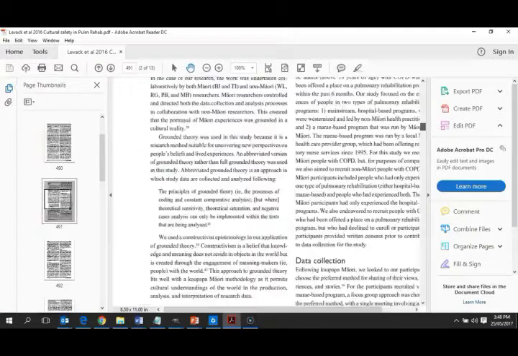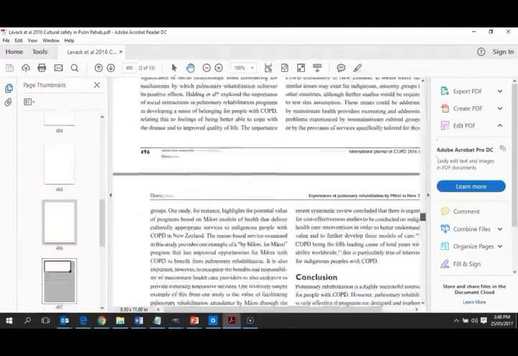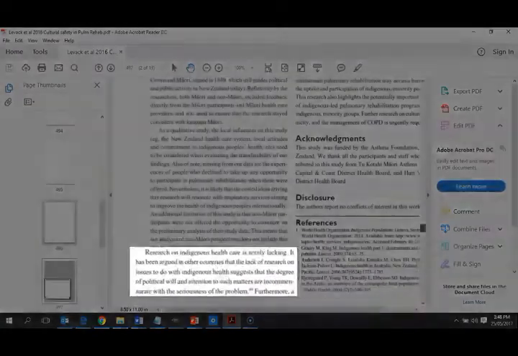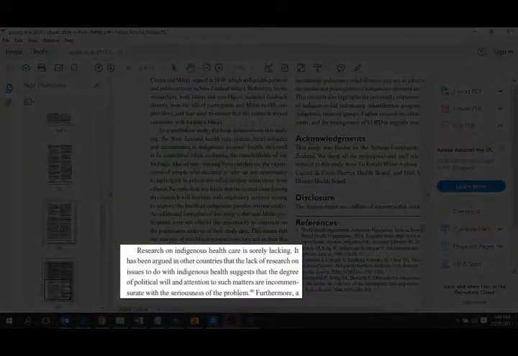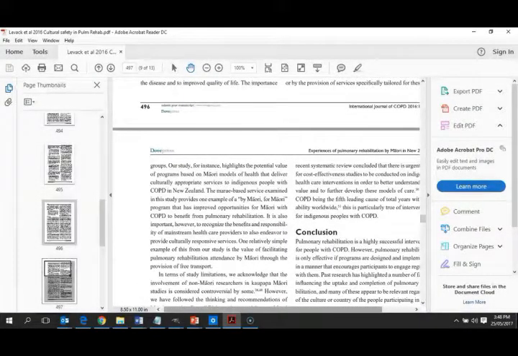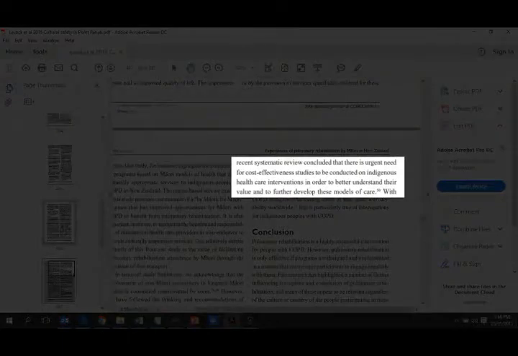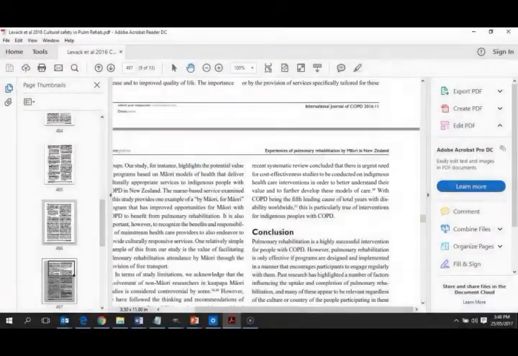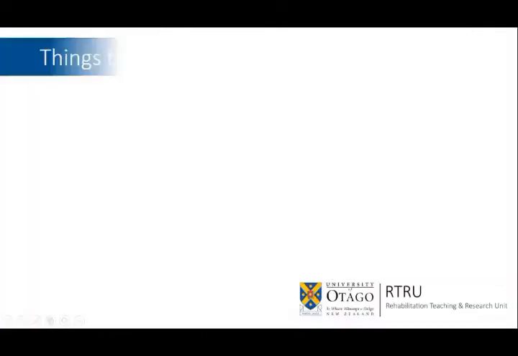And again, to come back to this paper here, in the discussion section, at the end we talk about how research on Indigenous healthcare is sorely lacking and there's a great need for it, and make a specific recommendation here, drawing on other people's work, to put out a call for an urgent need for further cost-effectiveness studies to be conducted involving Indigenous healthcare interventions in order to better understand the value and to further develop these models. So you can see we've made a general recommendation and some more specific recommendations in terms of the type of research that needs to be conducted.